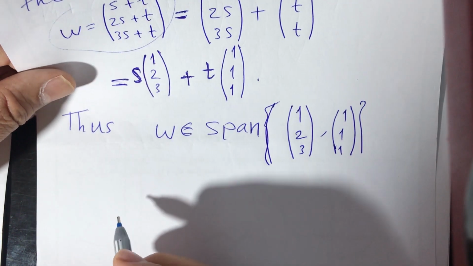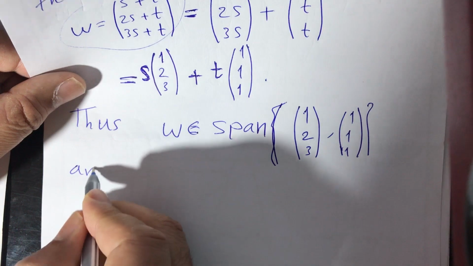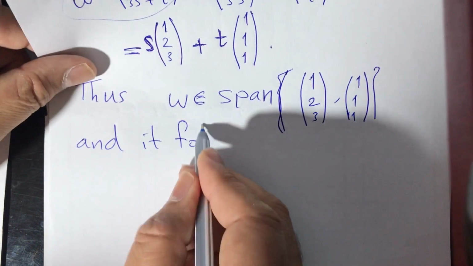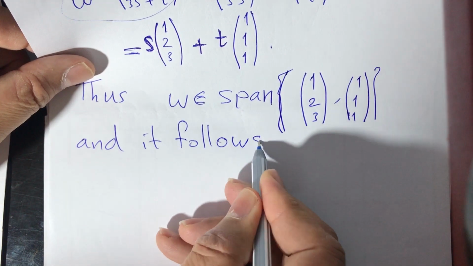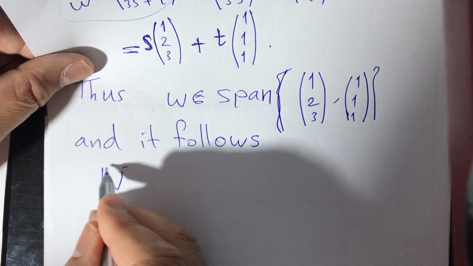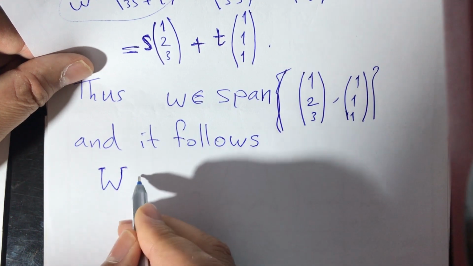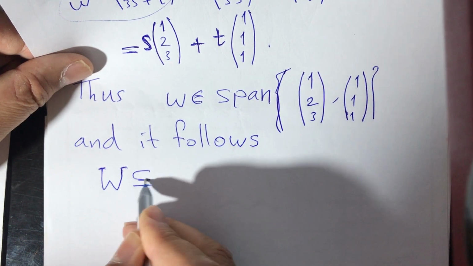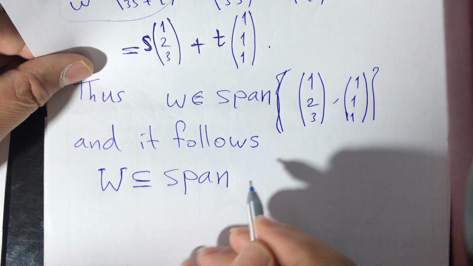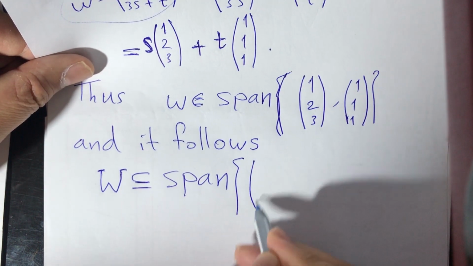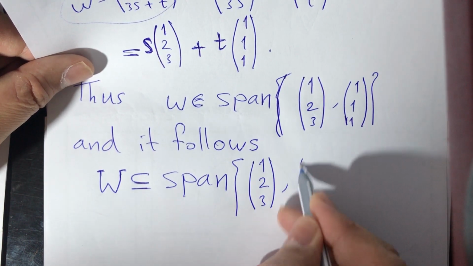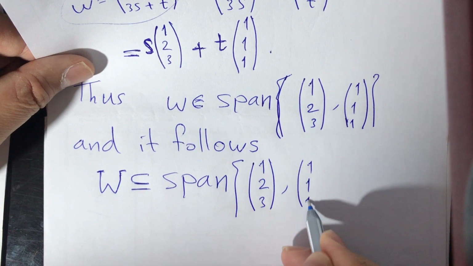And it follows W is a subset of span of these vectors (1, 2, 3), (1, 1, 1).